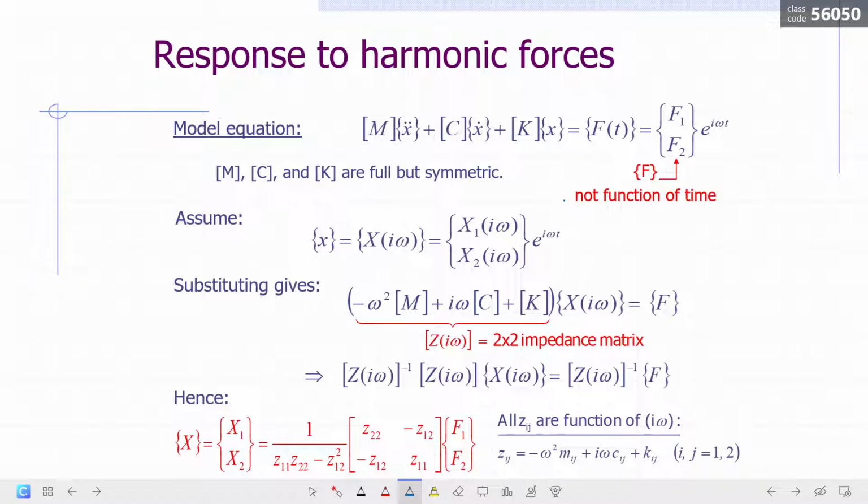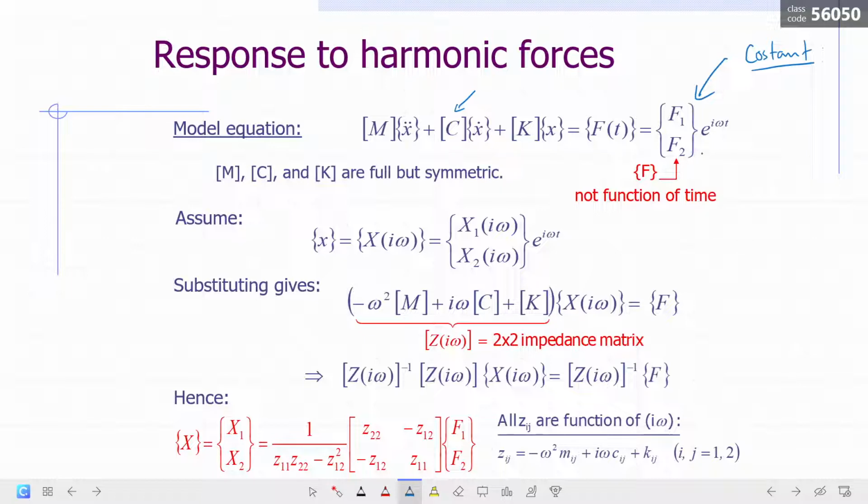The next part is response to harmonic force. In the previous part, we only considered the right hand side as a constant, right? So the oscillation depends on whether we have the damper or not. If we don't have a damper, then the solution oscillates, right?